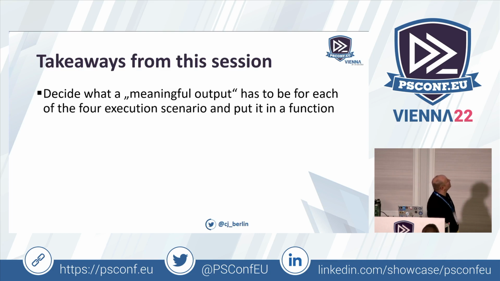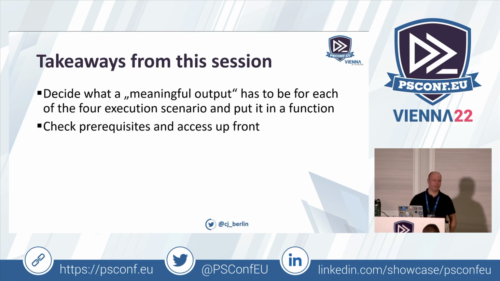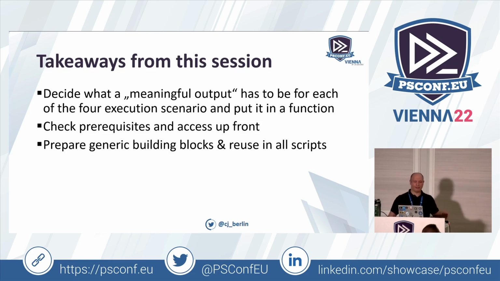So, what I'd like you to take away from this session: what a meaningful output has to be in each of the 4 execution scenarios. Put that in a function. Check prerequisites first, after leaving the breadcrumb. Prepare generic building blocks. Here's your code reuse.